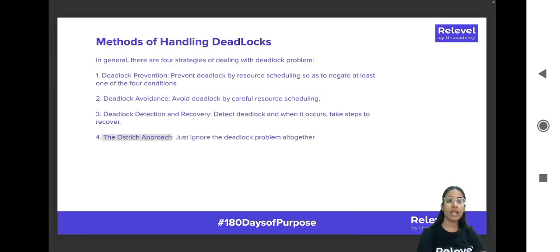Then we'll come back to the idea of deadlock prevention. What happens in deadlock prevention is that we prevent a deadlock by doing the resource scheduling in such an optimized way as to negate at least one of the four conditions. The idea is very simple. You have four conditions, and if all four of them are true, that means a deadlock has occurred.